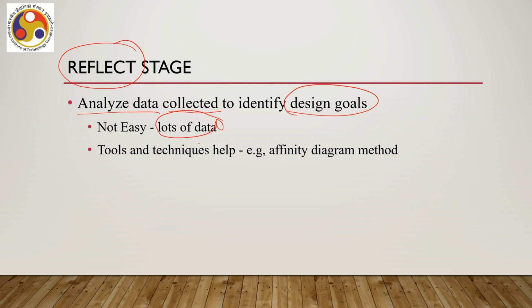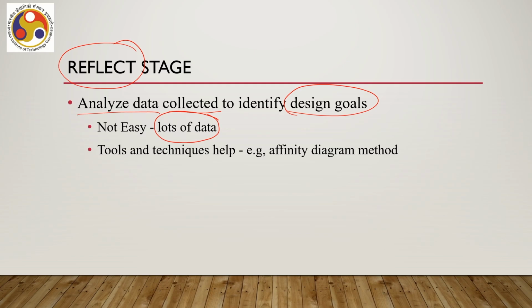Data are essentially the notes you are taking or the things you are doing. This amount of data can be huge, and sorting it, trying to find patterns and goals from it is not easy.